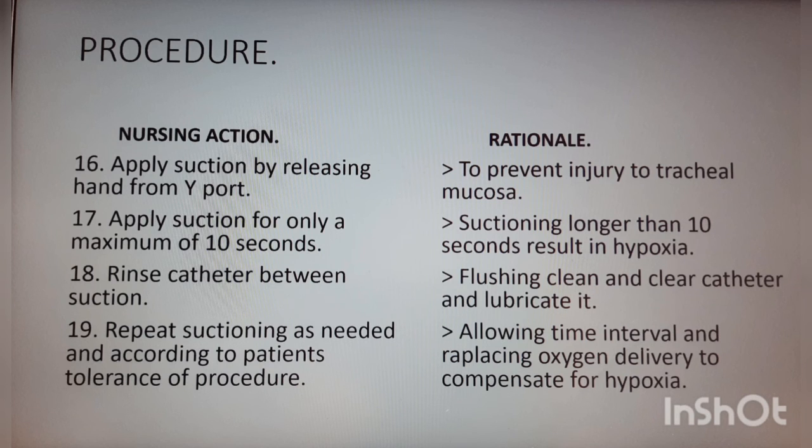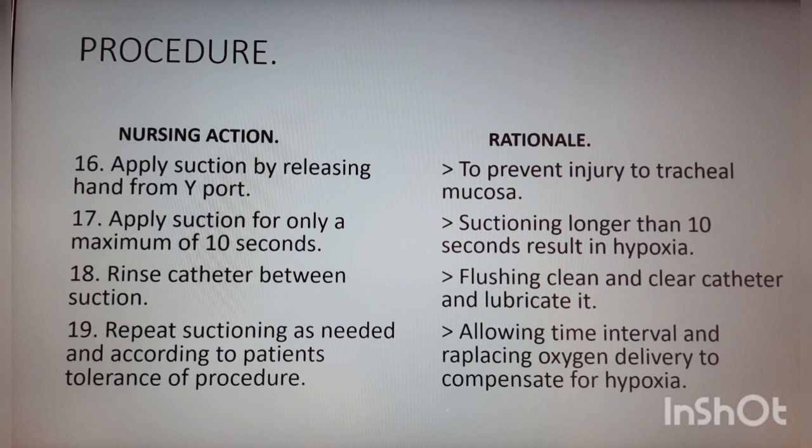Next, apply suction by releasing the thumb from the Y port or by releasing the pinch on the catheter. Gently rotate the catheter with the thumb and index finger of the sterile gloved hand as the catheter is being withdrawn. Turning the catheter while withdrawing helps clean the surface of the respiratory tract and prevents injury to the tracheal mucosa.